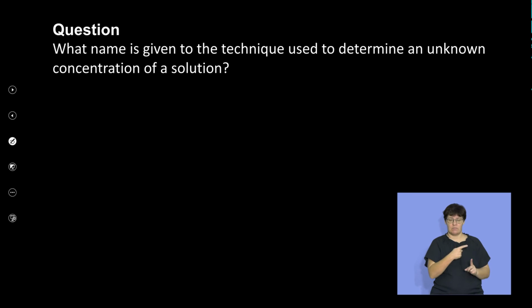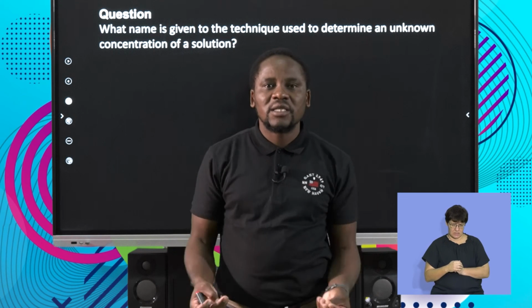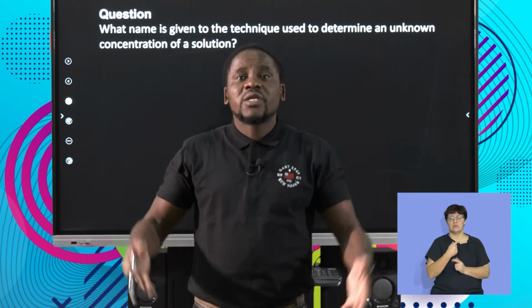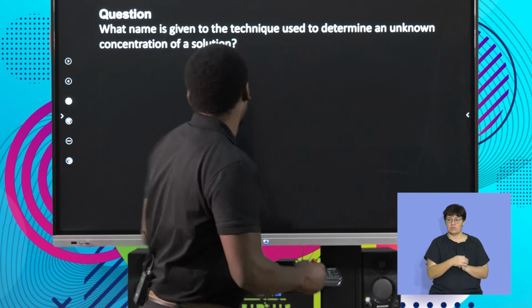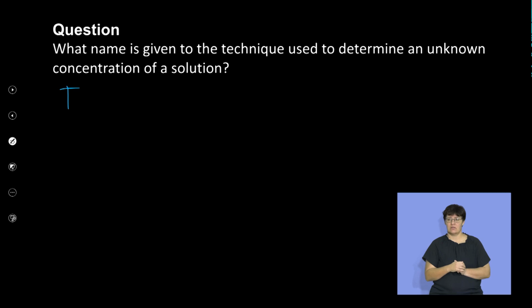So what do we have? What name is given to the technique used to determine an unknown concentration of a solution? The calculations that we've been doing have to do with volumetric analysis, but the technique that we carry out in the lab is actually a titration, right? So this is a question based on remembering.